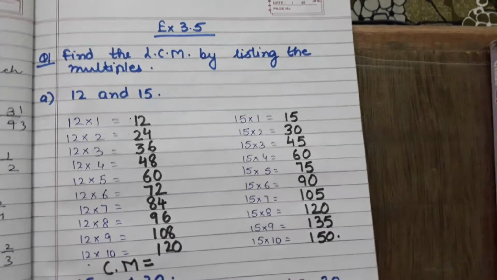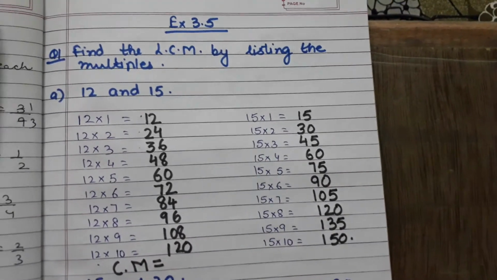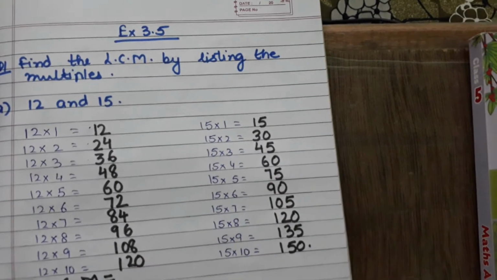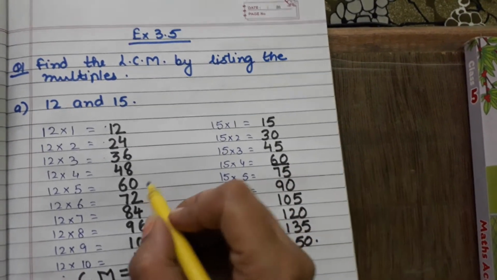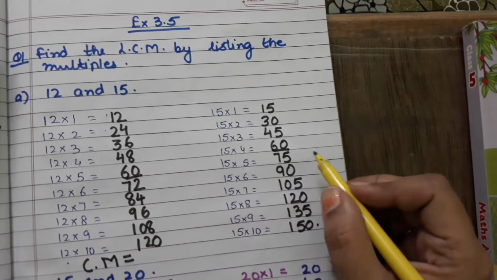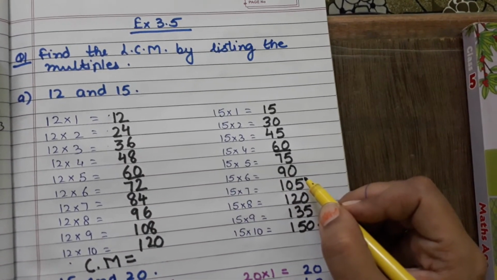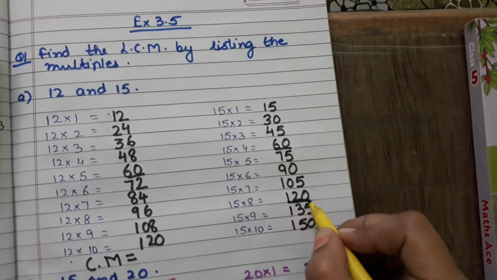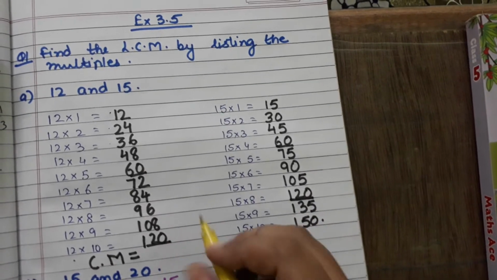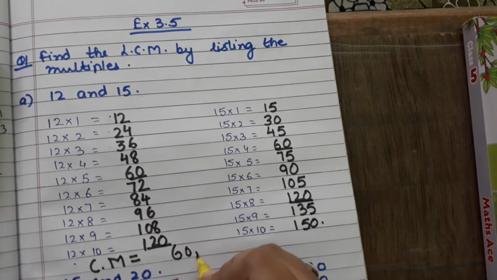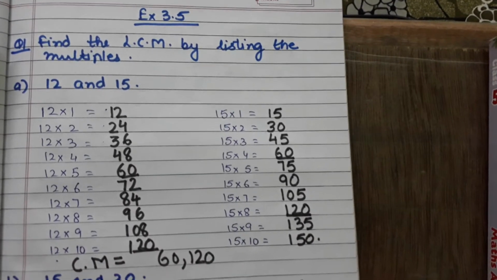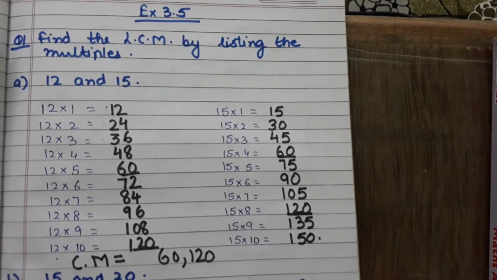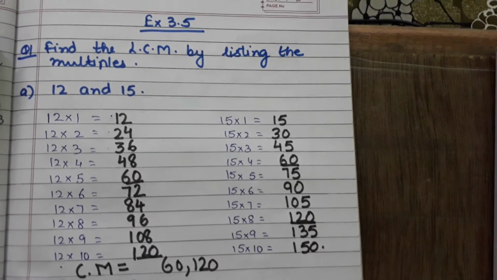So which numbers are common in both the tables? The first is 60, which is common, and after that which number is common? It is 120. So 60 and 120 are the first two common multiples of 12 and 15.